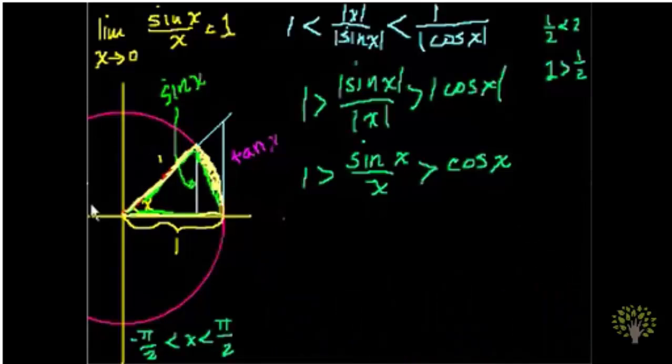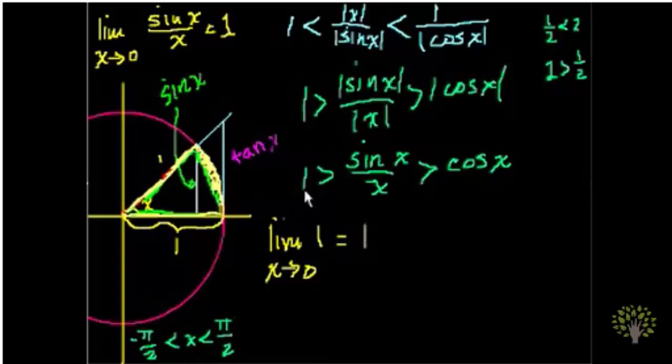So let me ask you a question. What is the limit as x approaches 0 of the function 1? Well, the function 1 is always equal to 1. I could have said the limit as x approaches infinity, or as x approaches pi, anything. This is always going to be equal to 1, right?